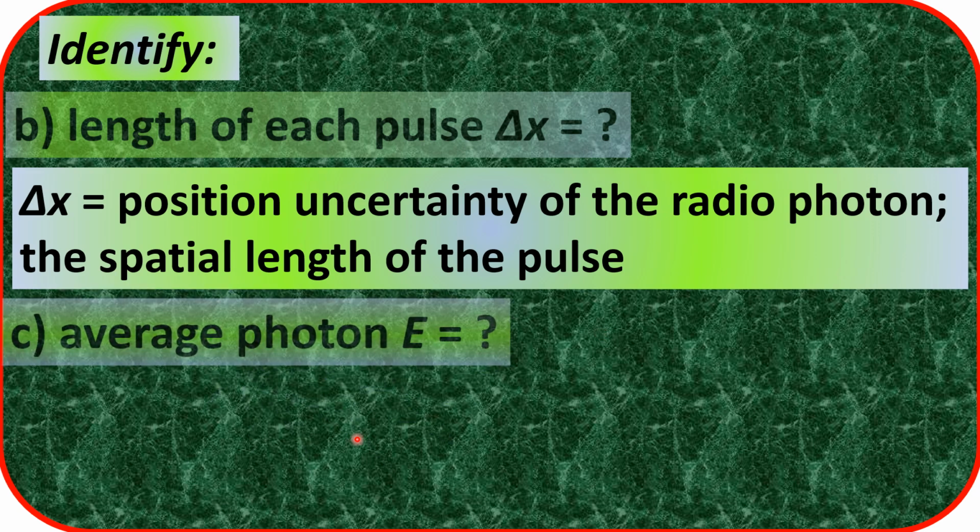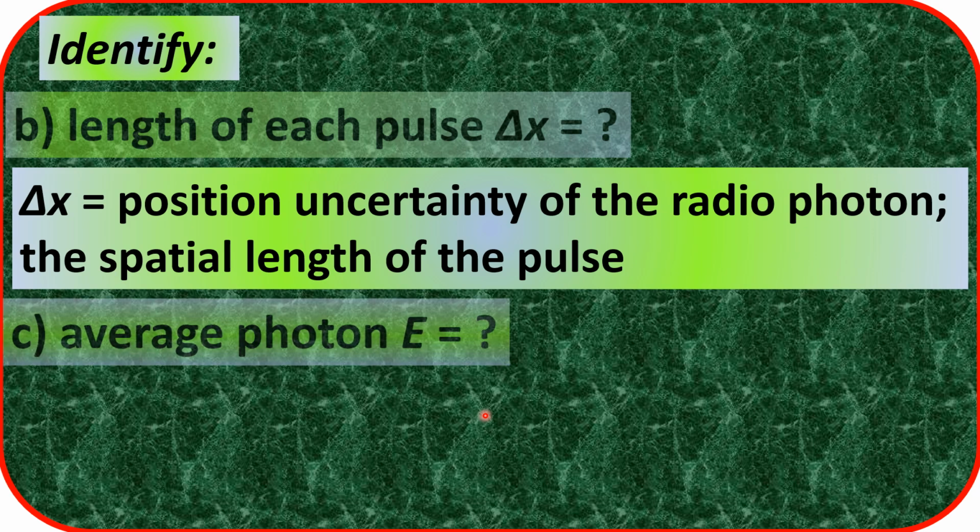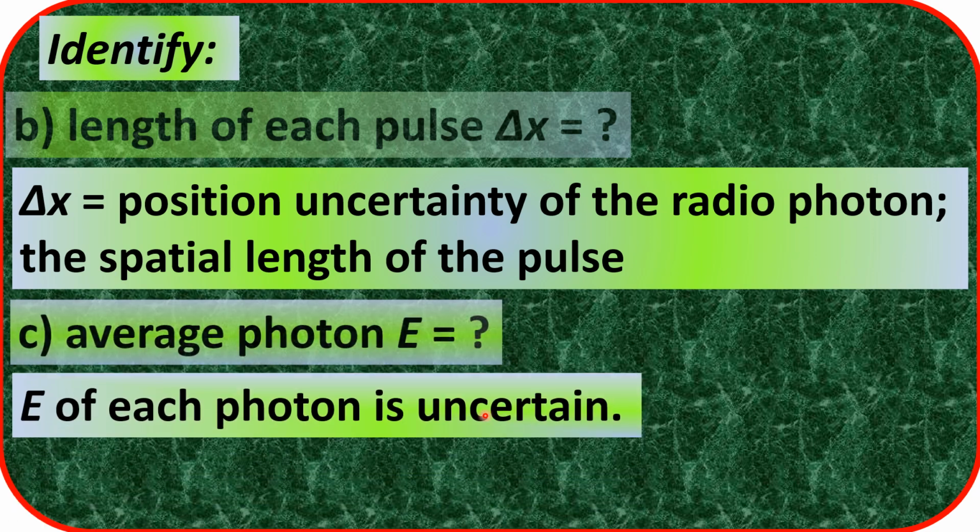The next target variable is the average photon energy. We consider only the energy of the average photon, since the energy of each individual photon is uncertain.